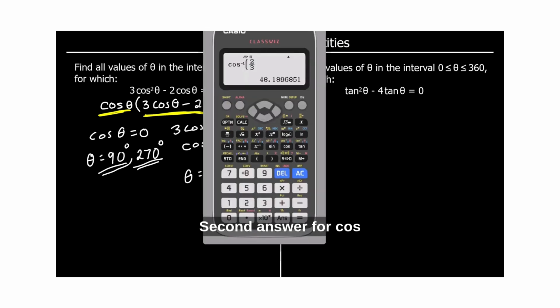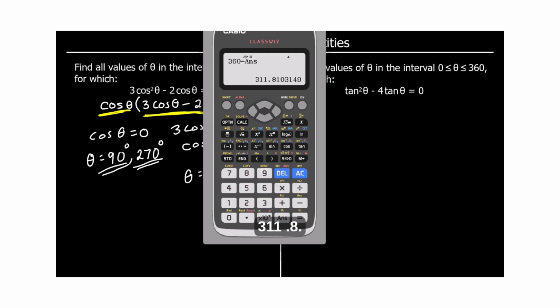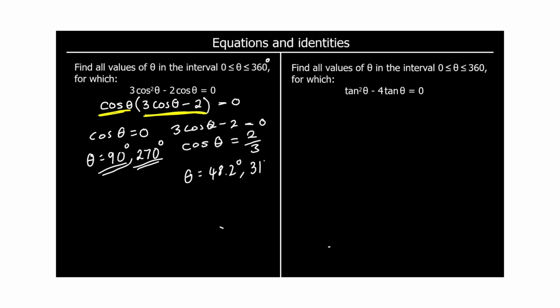Second answer for cos is 360 minus the first answer. You can draw out the cast diagram every time, but you don't have to. You can just remember 360 minus answer for cos. 311.8. So we've got our 4 answers.